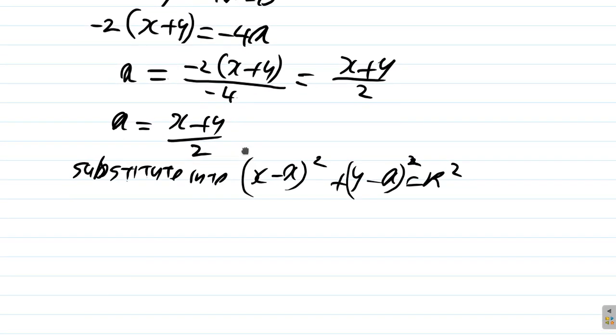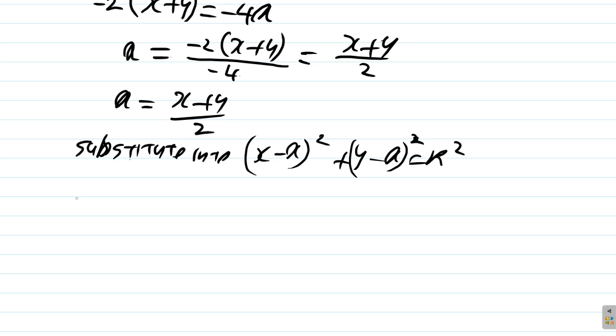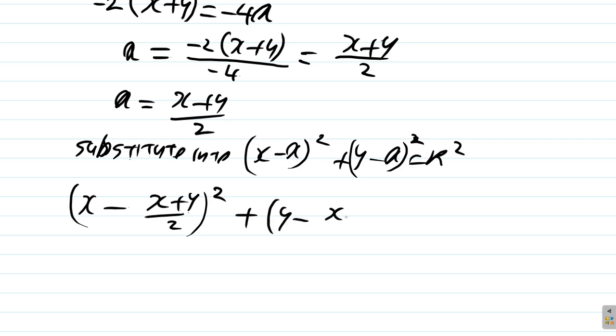Alright, so let's do that. So we have x minus x plus y over 2 squared plus y minus x plus y over 2 squared equals r squared, right? Because of course a is the same thing as x plus y over 2.